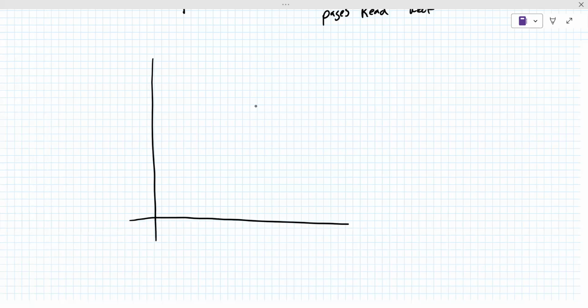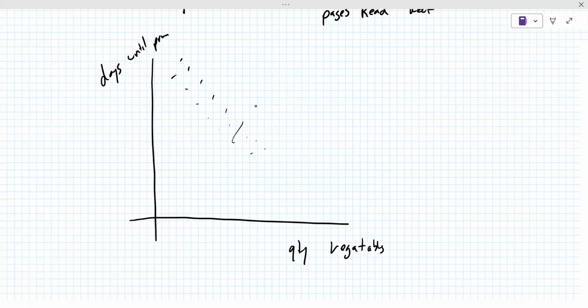Okay. So let's look at something else. Let's say it's vegetables eaten, or quantity of vegetables that you might eat, and days until prom. So this again shows a correlation, right?